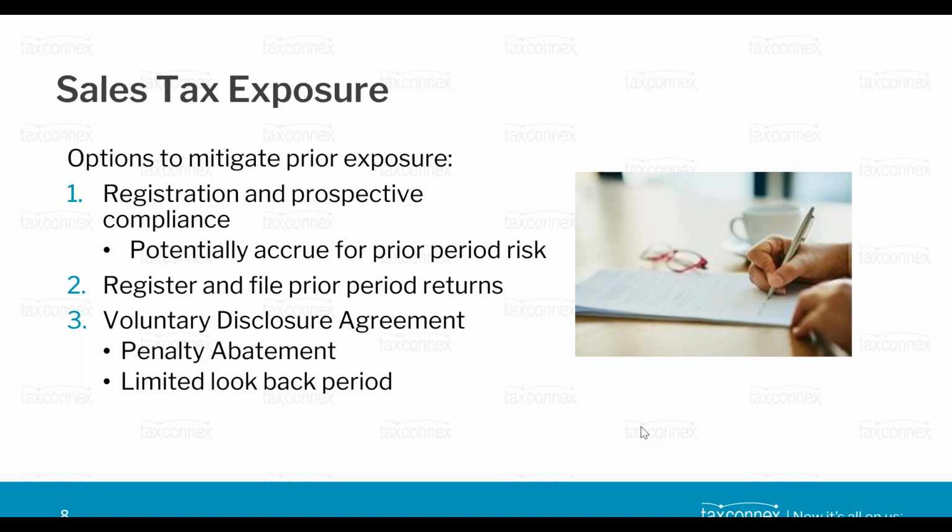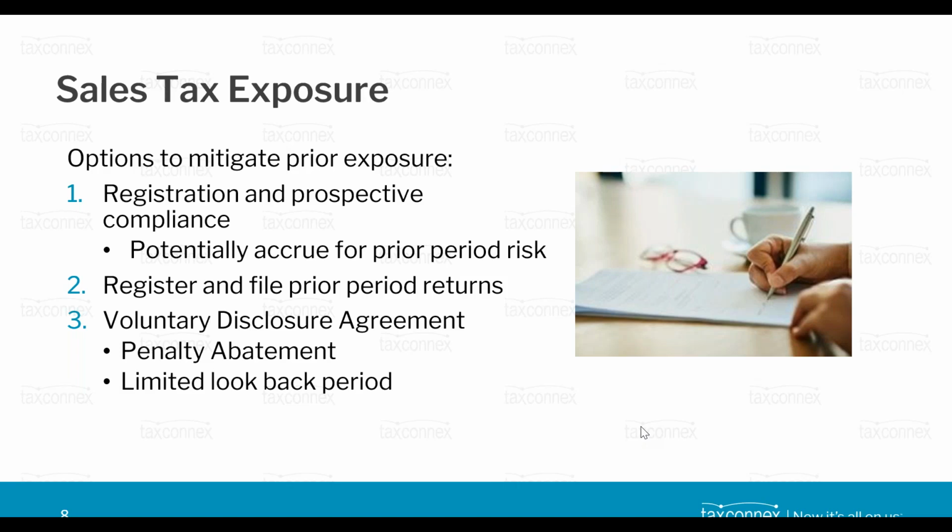And so what will happen under those conditions is you'll actually file the returns, you'll pay the tax, you'll report the tax, and then you'll be assessed penalties and interest based on those periods that were delinquent. So there is a way to kind of manage through that to mitigate your tax liability and move forward.